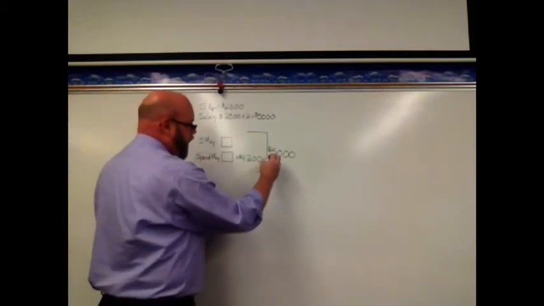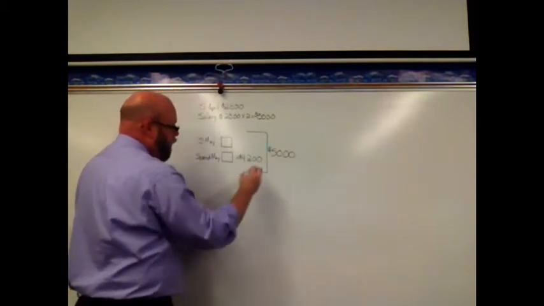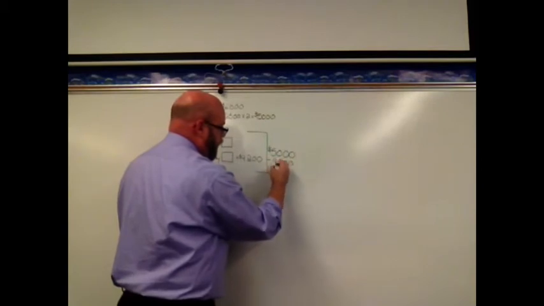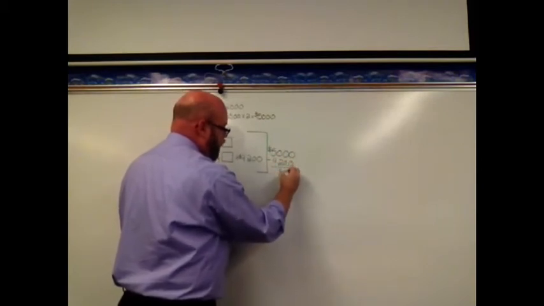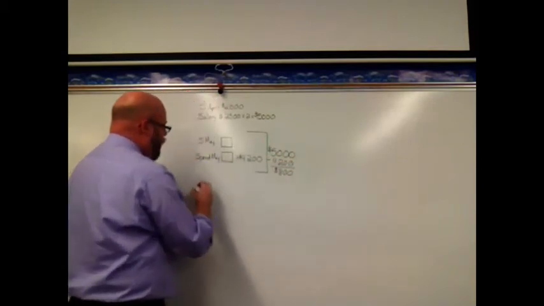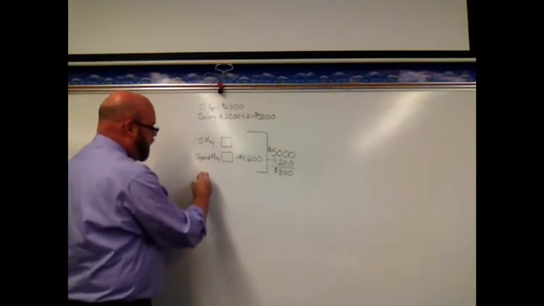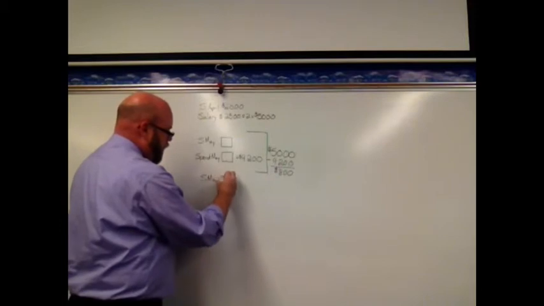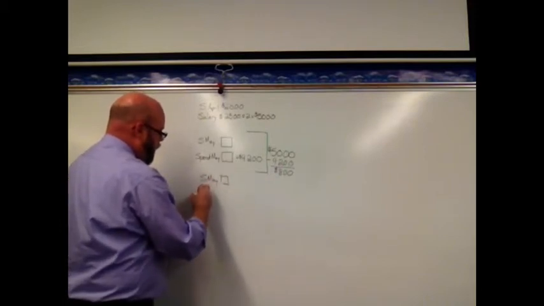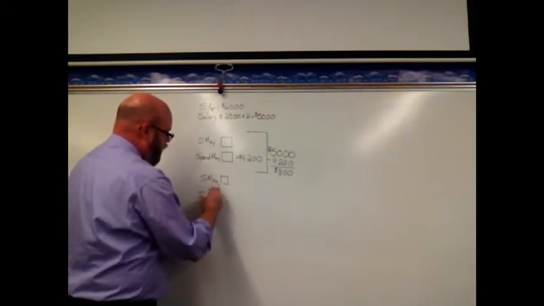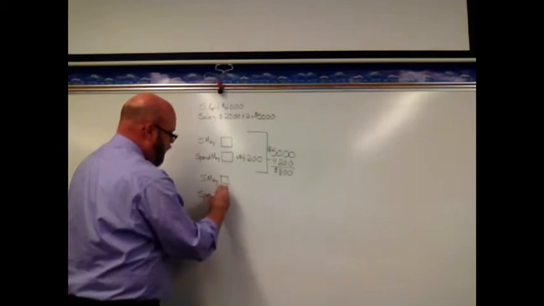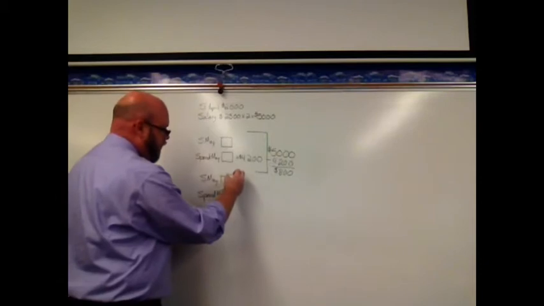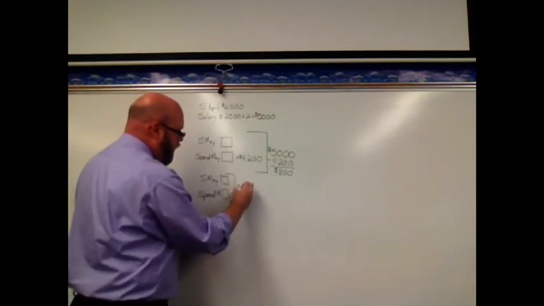So 5,000 minus 4,200 is $800. So he saved in May and his spend in May minus that $4,200 is going to be $800.